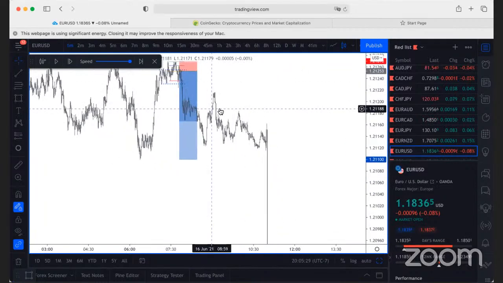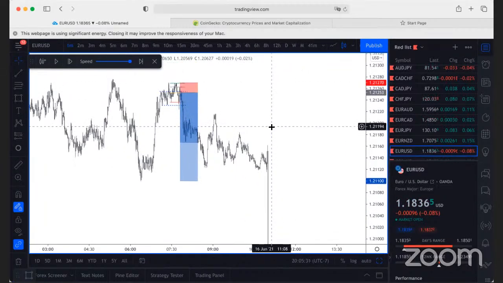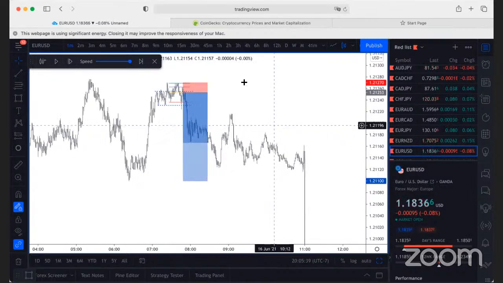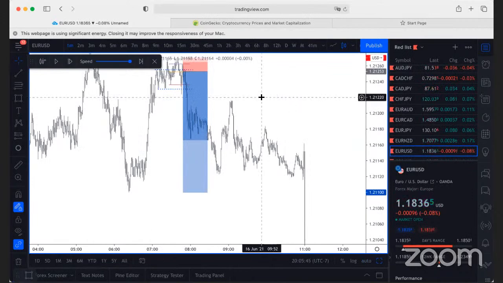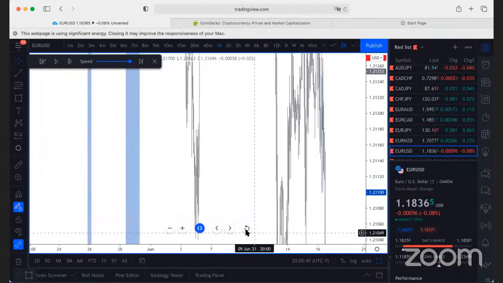So the big reason why I wanted to do this back test was obviously so we could train our eye to see more schematics, to see more entries. But I wanted to emphasize looking for our schematics before news, because think about all the schematics we got prior to this. Let's just go to the 1 hour.